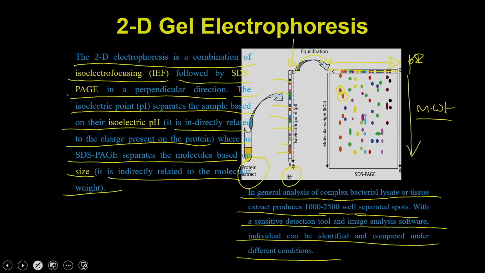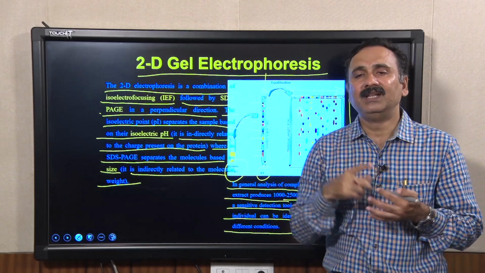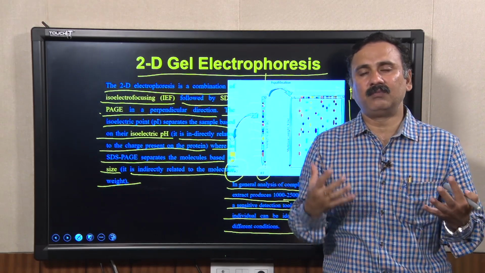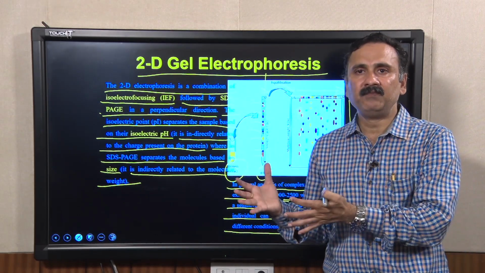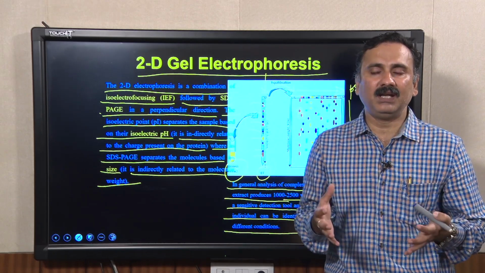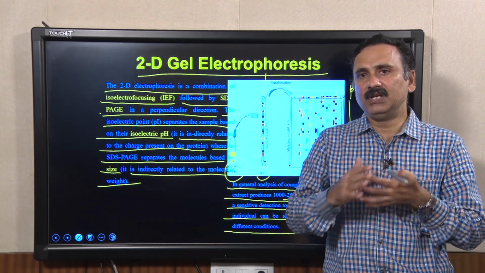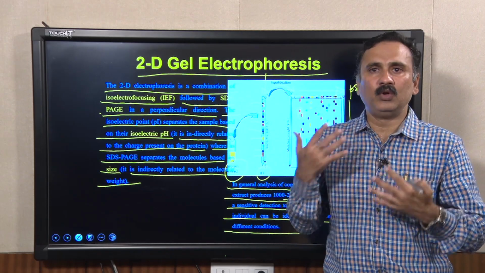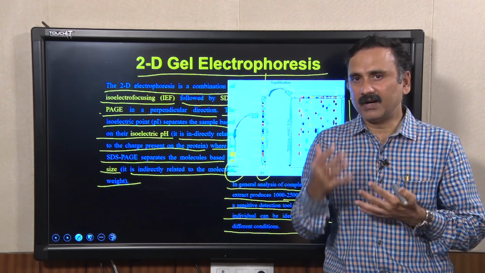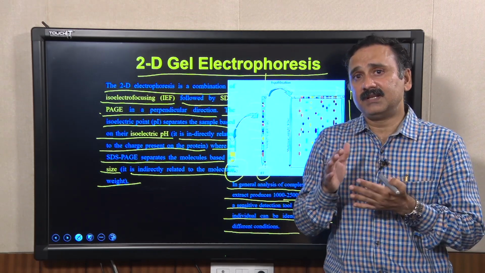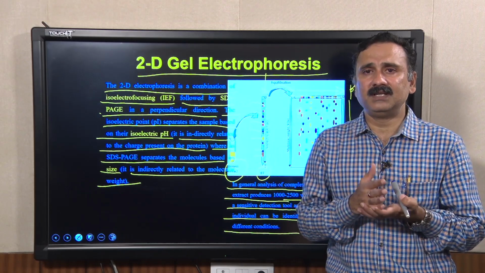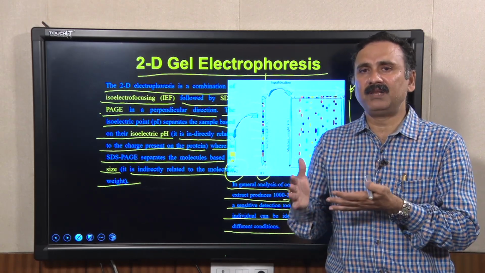So, 2D gel electrophoresis is very popular for looking at changes in the pattern of proteins when you are treating a particular organism or bacteria with something which is changing its proteome.